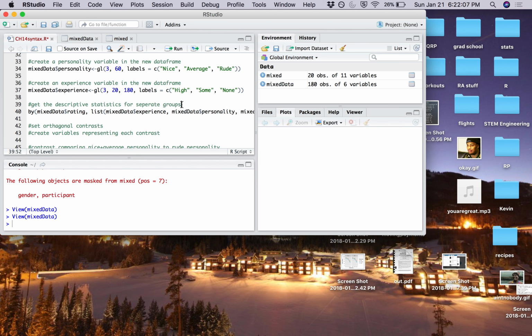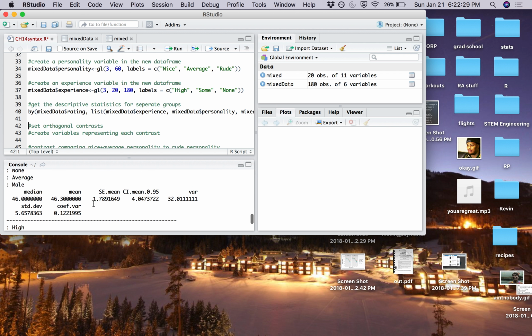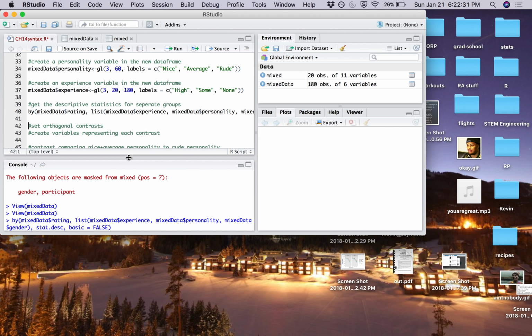So next we want to observe the descriptive statistics for the combined levels of gender, experience, and personality. So I'm going to run this, and the output will contain the descriptive statistics for each of the 9 conditions split according to whether participants were male or female. So we can look at these here.